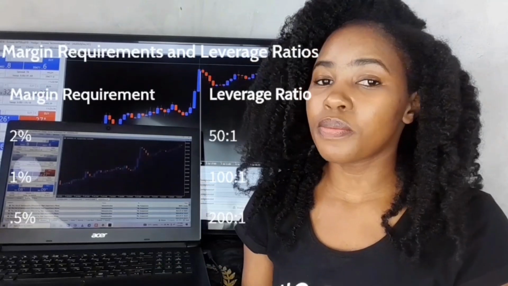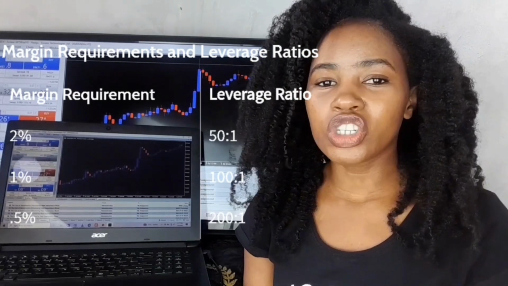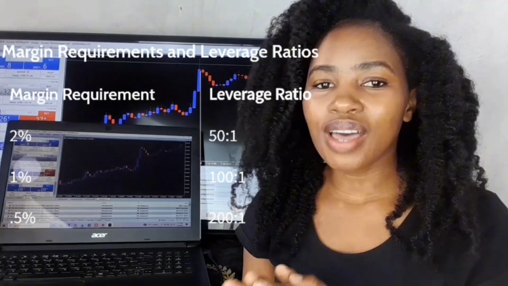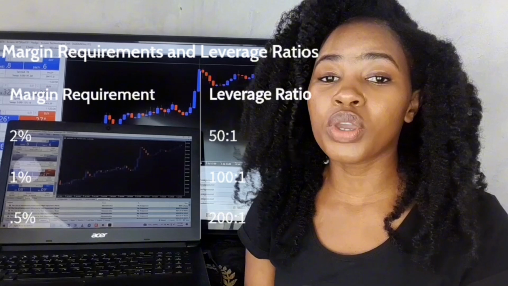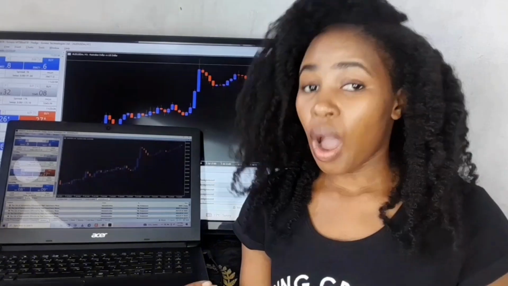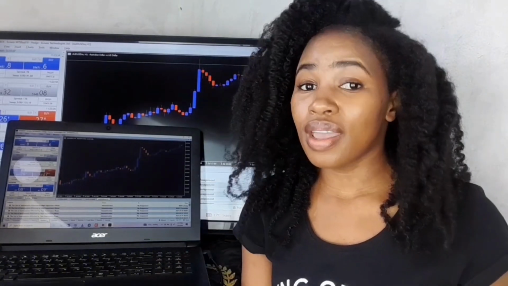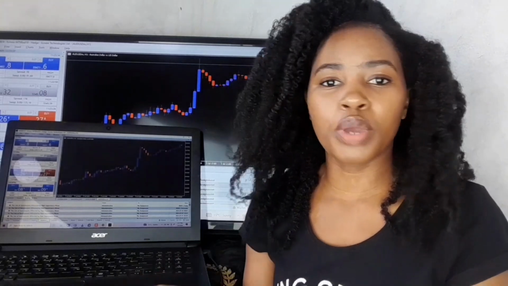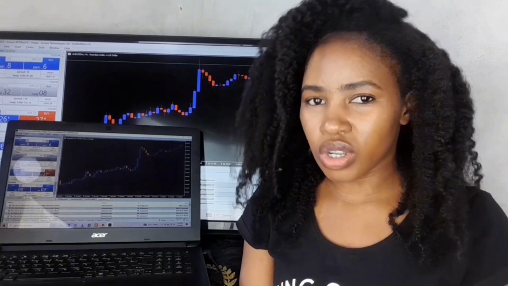As we can see from the table, the lower the margin requirement, the greater the amount of leverage can be used on each trade. However, the broker may require higher margins sometimes due to the currency pair being traded, because brokers usually require different margins for larger trades versus smaller trades.